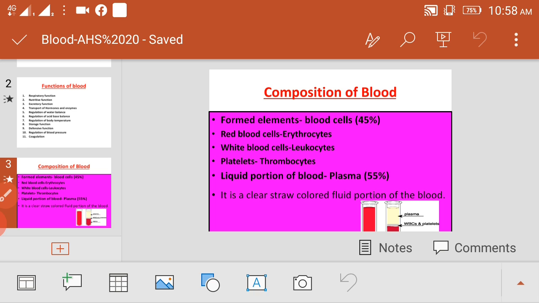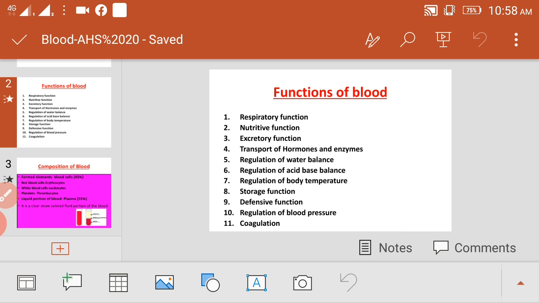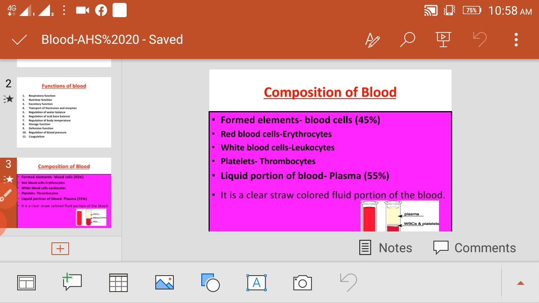Next comes the composition of the blood. So the blood mainly contains the blood cells, that is 45%, and the remaining 55% is plasma.